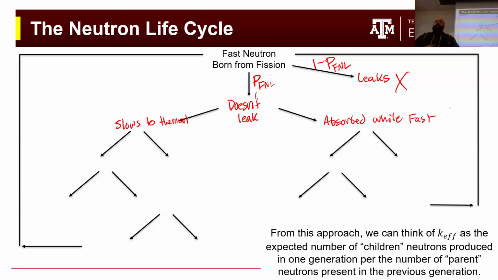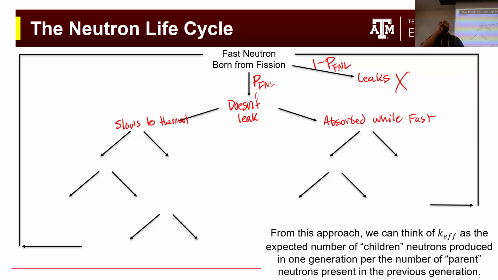If I stay in my reactor, if I don't leak and I'm fast, I could either be absorbed as a fast neutron, or I could have some scattering collisions that slow me down to thermal. What's the probability that a fast neutron slows to thermal without being absorbed?